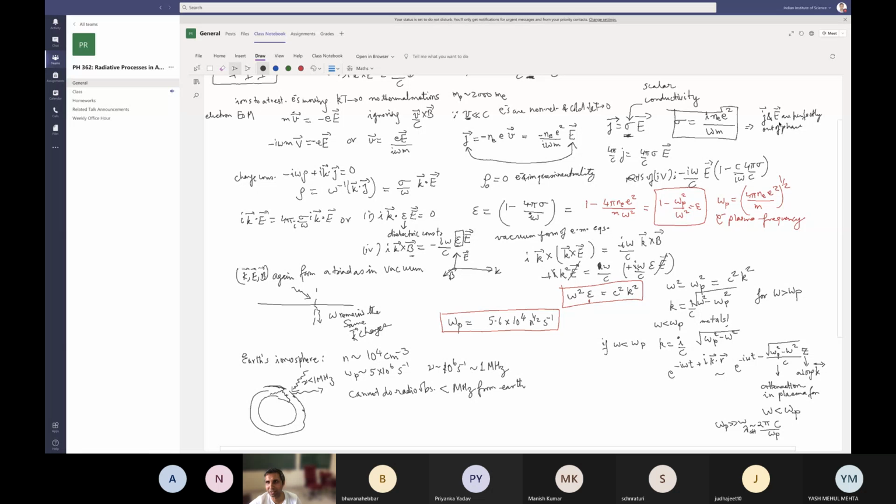If you multiply sine and cosine and average them, you get 0. Sine phi cos phi is equal to 0. So that means on average there is no work done by electric fields on the plasma or vice versa, because J dot E is the work done by the field on the plasma. Since J dot E on average is equal to 0, there is no dissipation in the plasma. Okay.